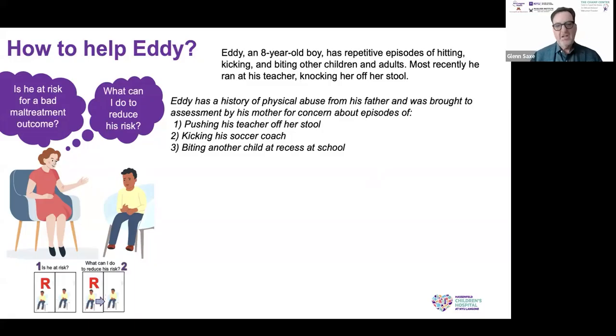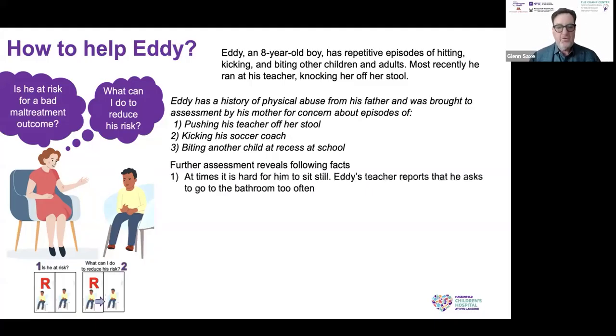So, of course, his maltreatment outcome is aggressive behavior. That's our target for intervention, and we need to figure out how to change that. So, be thinking now about what information you would gather to help.